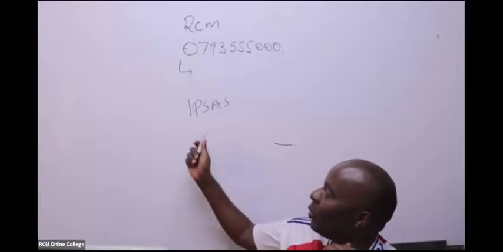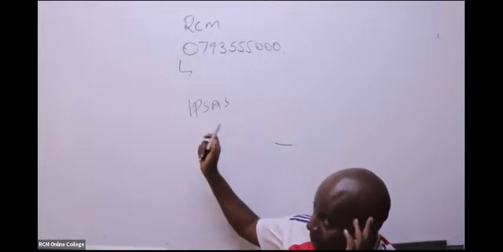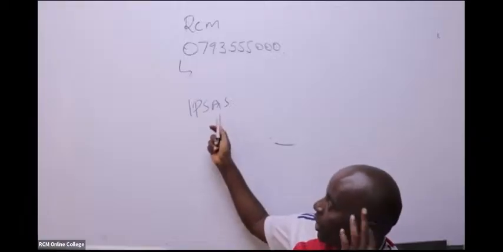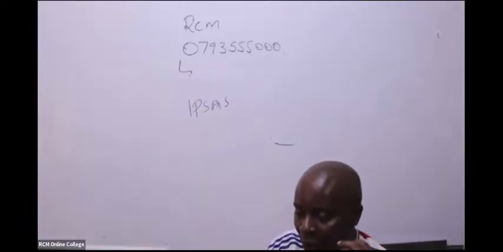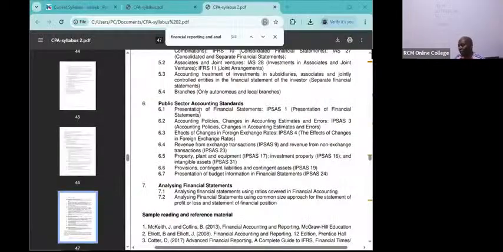Then they account for their incomes, liabilities, assets, etc., using this framework called International Public Sector Accounting Standards. Now, ladies and gentlemen, please listen to me very well. All they want us to do is show you the IPSAS of financial statements: IPSAS 1, presentation of financial statements.